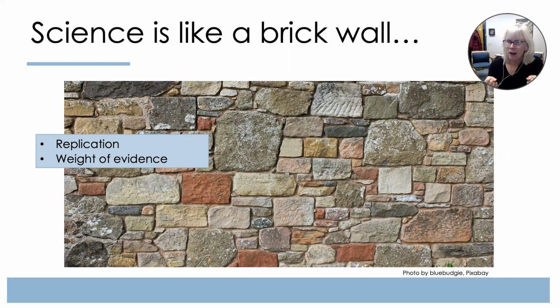What is the weight of the evidence? Does it support this hypothesis, this theory, or does it support something different? So we're going to be paying attention to that, as we're going through.